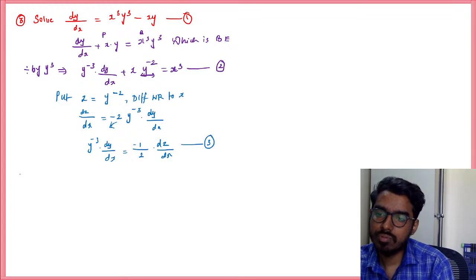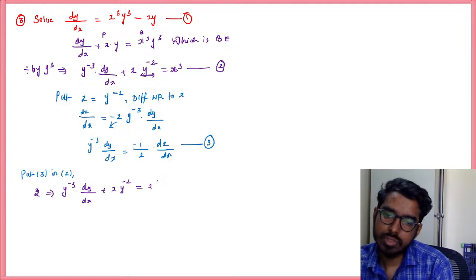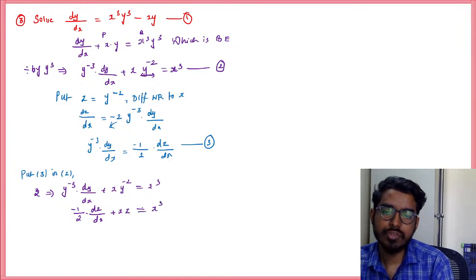So put this in equation 2. So 2 is y power minus 3 dy by dx plus x into y power minus 2 is equal to x cube. That means this term will be minus 1 by 2 dz by dx plus x into z equal to x cube, right? So you have to always have this coefficient to be unity.